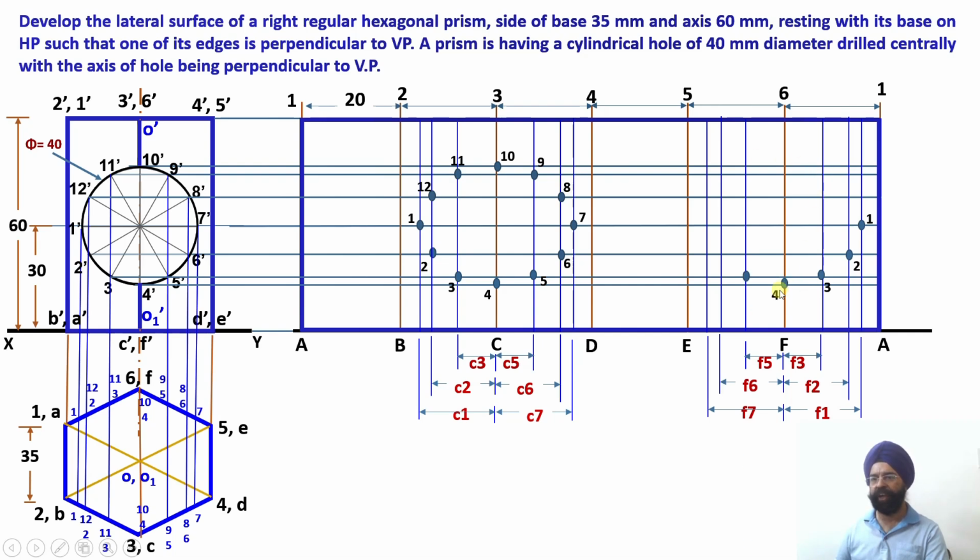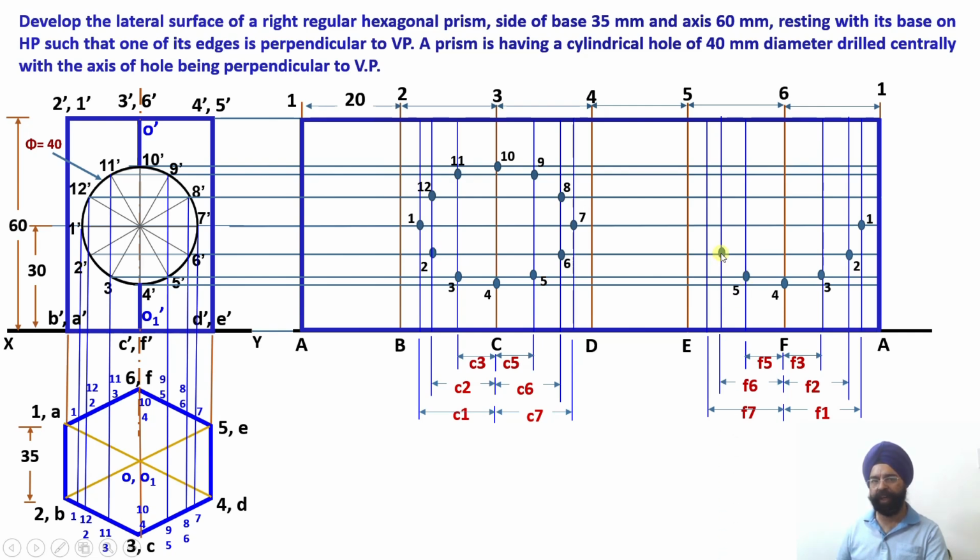Then you have point 4 over here. So point 4 means the horizontal line. Horizontal projector through point 4 dash is going to cut this line edge F6 over here. Then this is my point 5, because 5 dash horizontal projector is going to cut F5 over here, right? So this is my point 5.